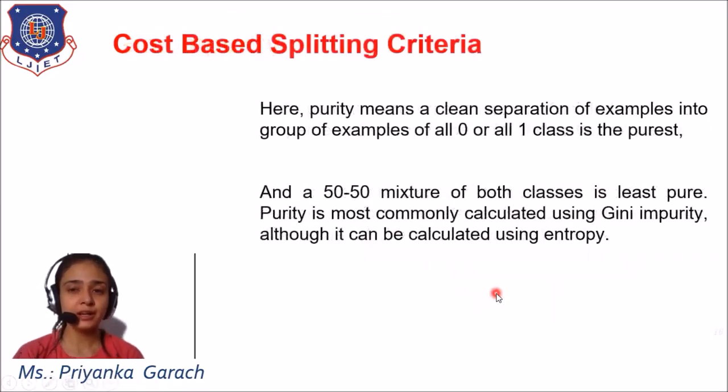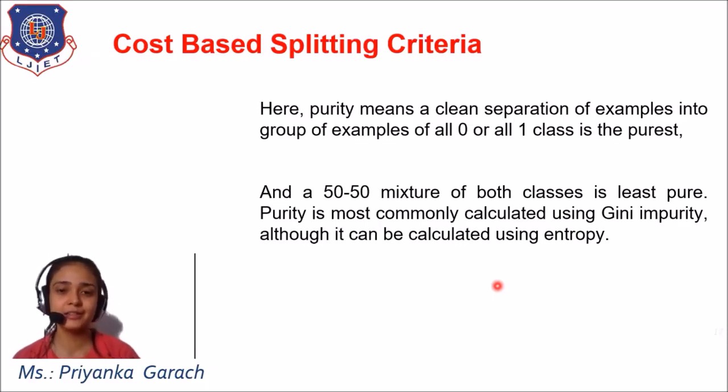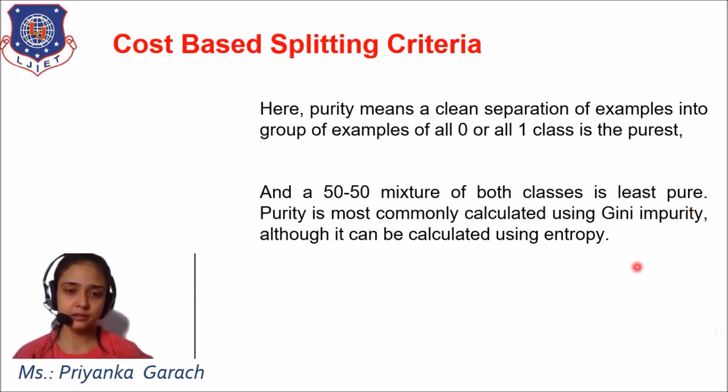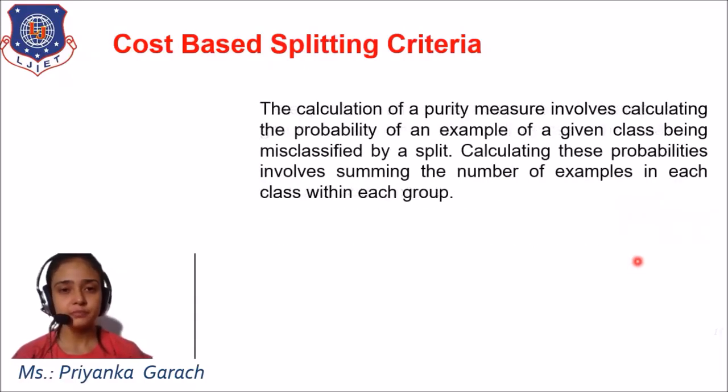Purity means a clean separation of the examples into groups, and all 0 or all 1 is the purest. A 50-50 mixture of both the classes is least pure. In the Gini index also, it follows the same concept as the entropy. If 50-50 classes are present, then the maximum impurity is there in my data set.